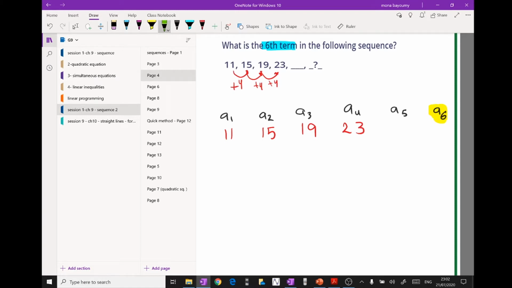To find A5, you have to add 4. From where do we know it? We know this from the common difference which we calculated before. So now we just have to add 4 to 23. 23 plus 4 is 27. And 27 plus 4 will be 31. So the sixth term equals 31.